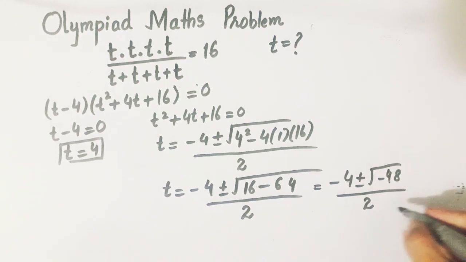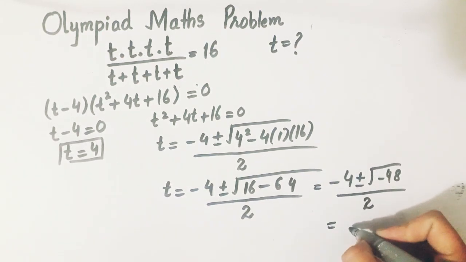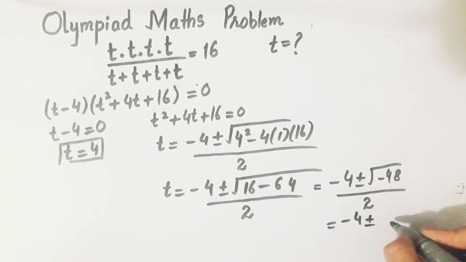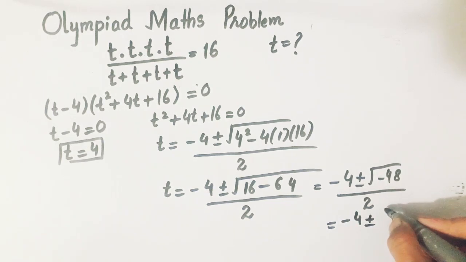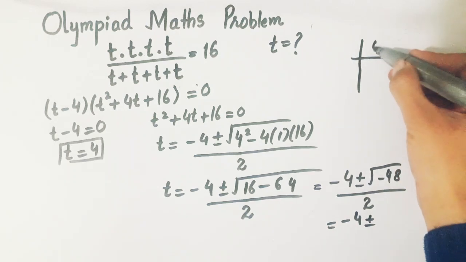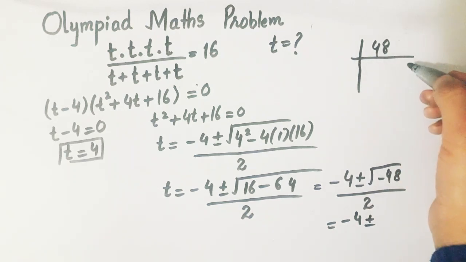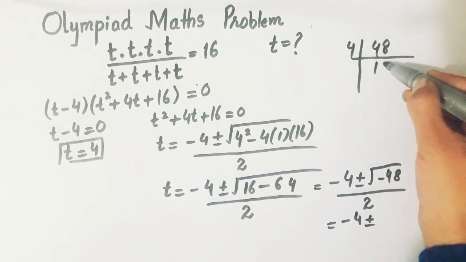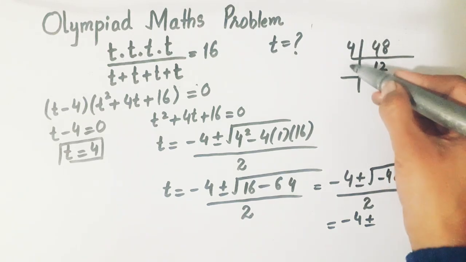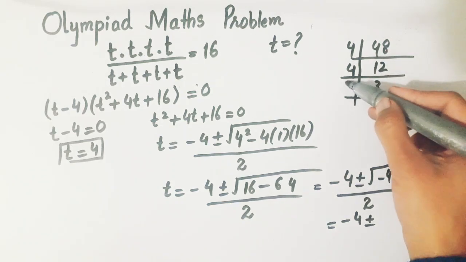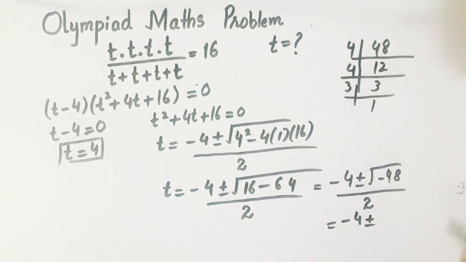So we will write this as minus 4 plus minus root of 48. We will do the LCM of 48 such that we get 4 ones are 4, 4 twos are 8, 4 threes are 12, so 48 is 16 times 3.